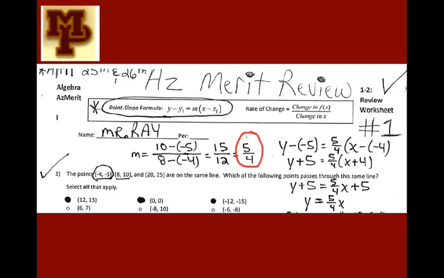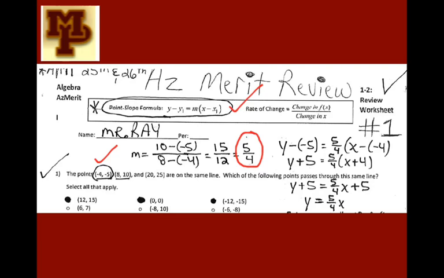And then you have to use the point slope form, which is this: y minus whatever the y coordinate is. You can see the point I chose was -4, -5, so y minus the y coordinate equals the slope, and then x minus the x coordinate. And then you can distribute a little bit there.